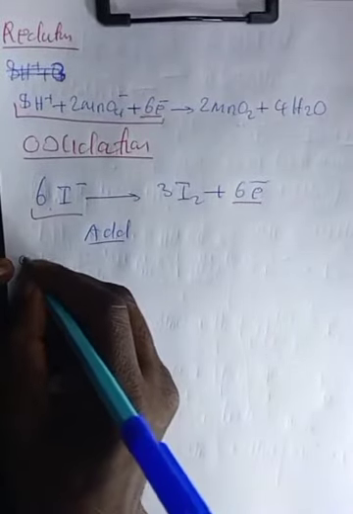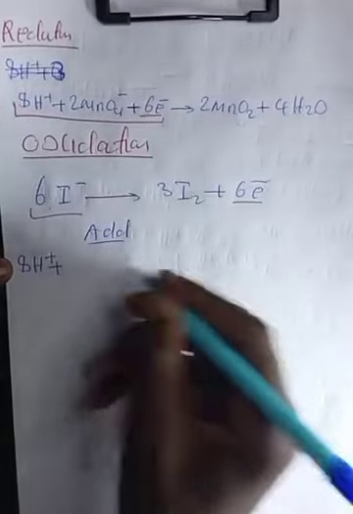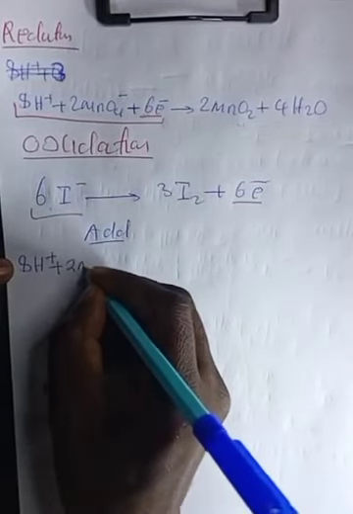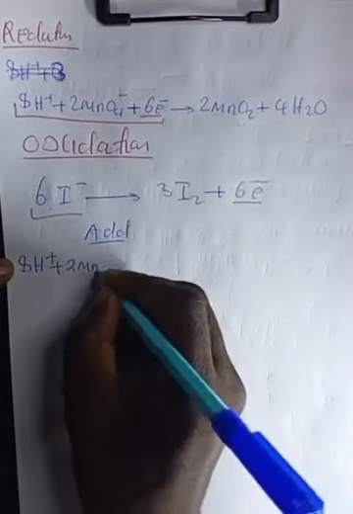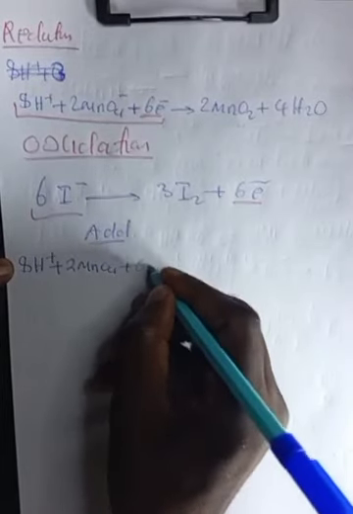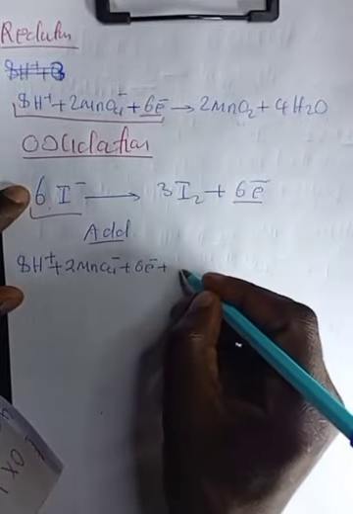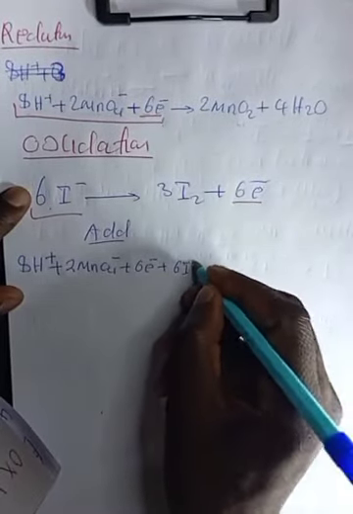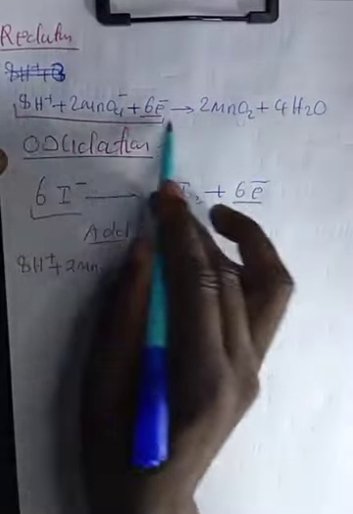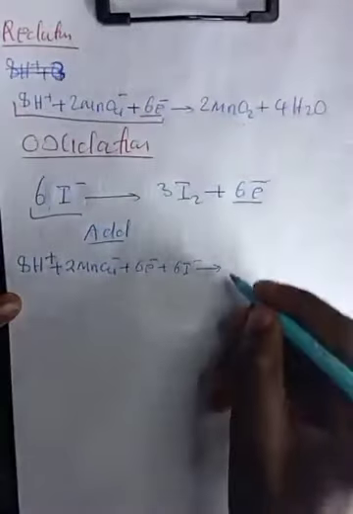So it will be 8 hydrogen ions plus 2 MnO4- plus 6 electrons, then plus this one here, plus 6 iodide. So we have added this one plus this. This should give us the products there.